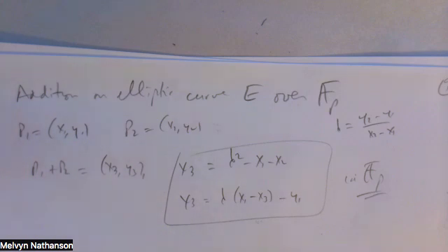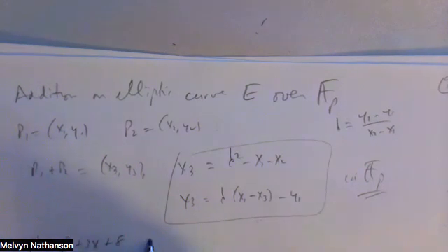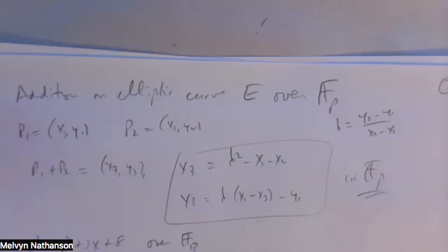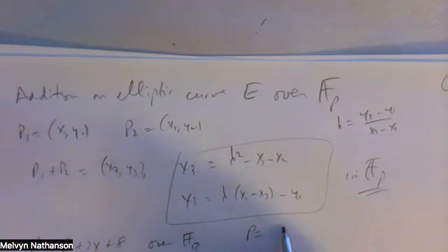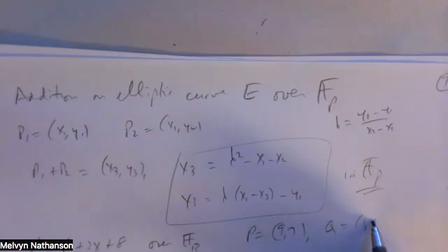So let me just do a sample calculation. We have this elliptic curve, y squared equals x cubed plus 3x plus 8 over the finite field with 13 elements. And we have the points P equals (9, 7) and Q equals (1, 8).